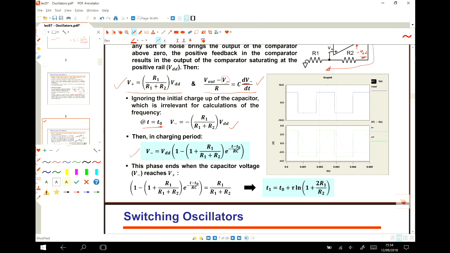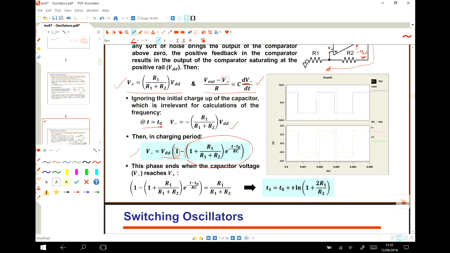You have to know how to solve the differential equation. The differential equation has two answers. This is one answer, this is another answer. And then it has an initial condition, which you have to put in and then find the values for the differential equation solutions.